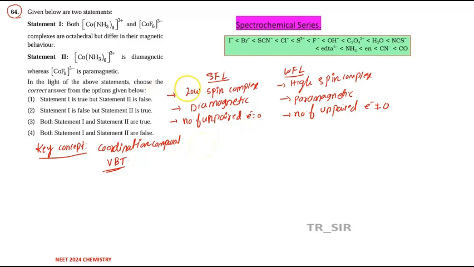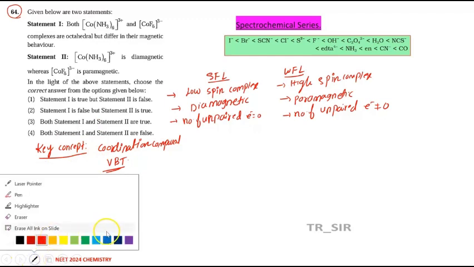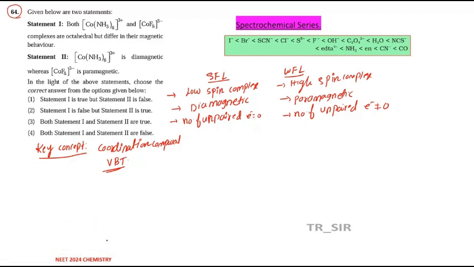Now come to the question. What do we need to do for this question? Focus on the spectrochemical series, and here I will tell how to keep it in mind. First, halides.